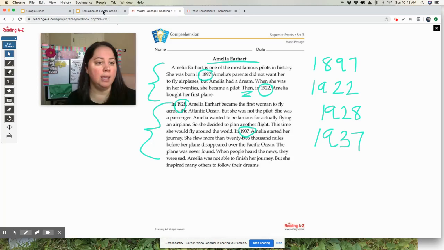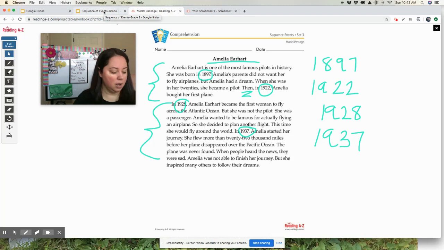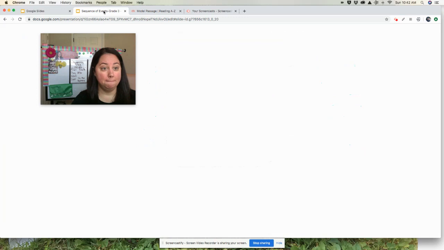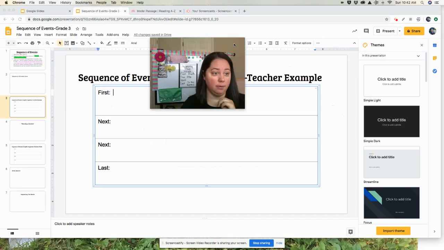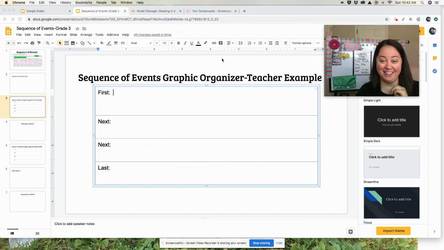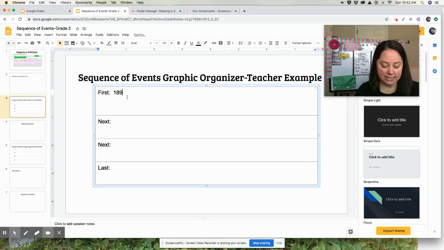So I am going to go over here to our graphic organizer. Okay, the teacher example. All right, so we know, and I have the story here in front of me too, that Amelia Earhart was born in 1897.